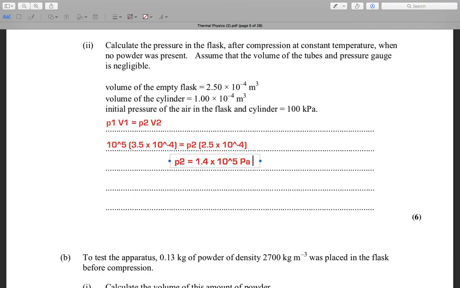Or this is the same thing as 140 kilopascal.